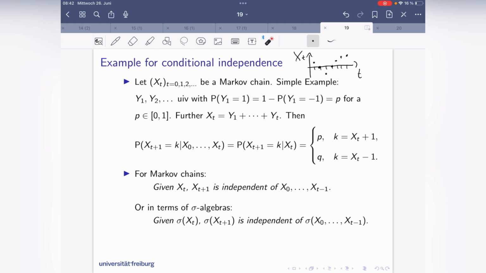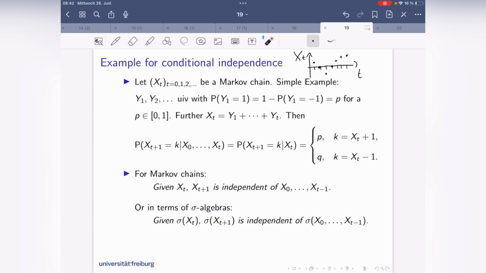And that means x_{t+1}, so what you do here, is independent of x_0 until x_{t-1} given x_t. That's how we will call this. Given x_t, x_{t+1} is independent of the past x_0 up to x_{t-1}.